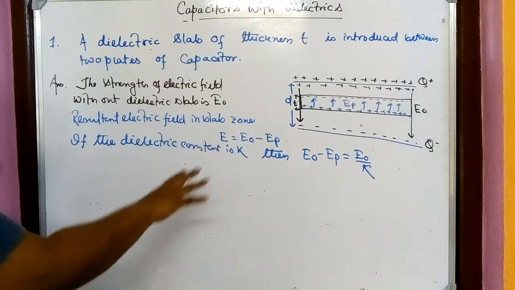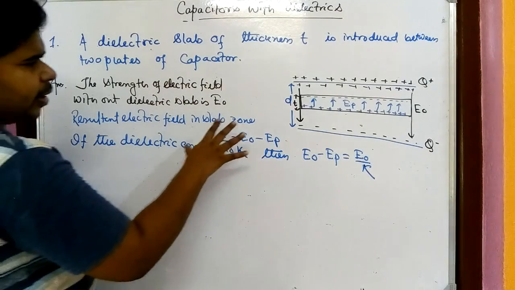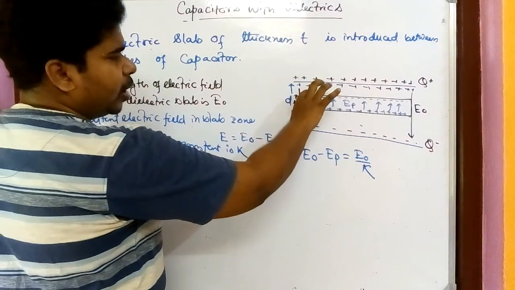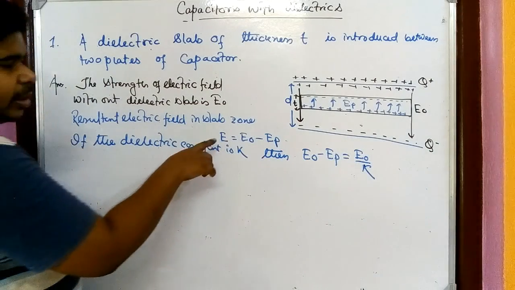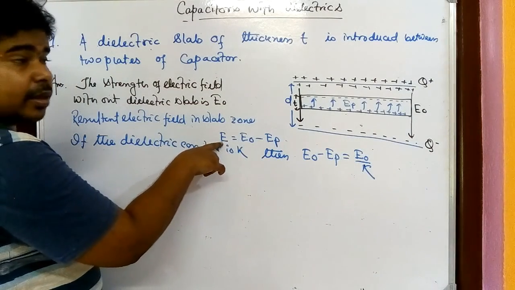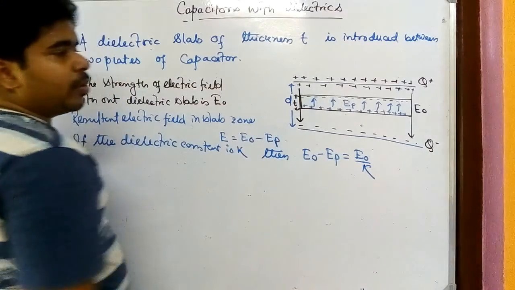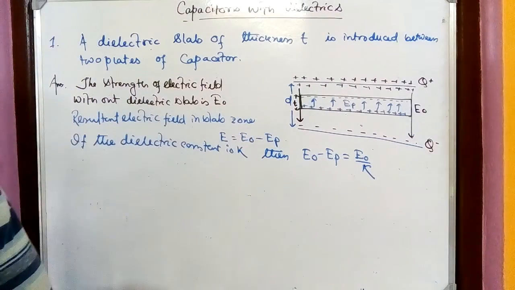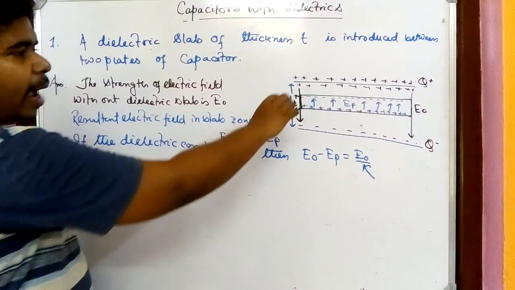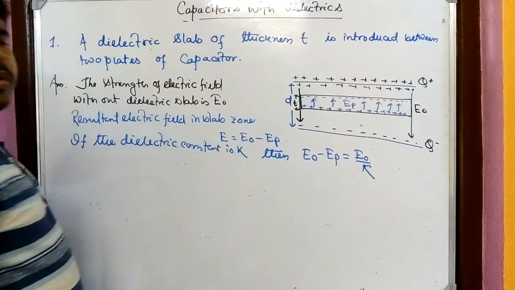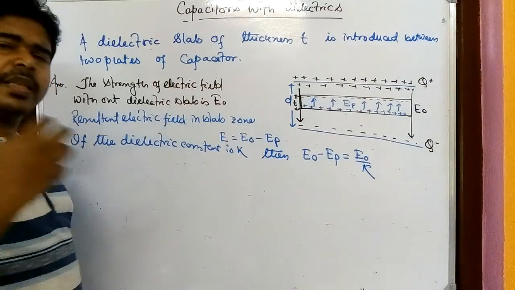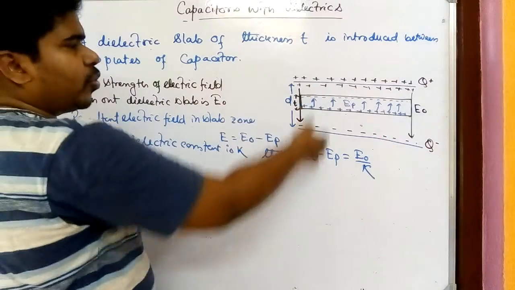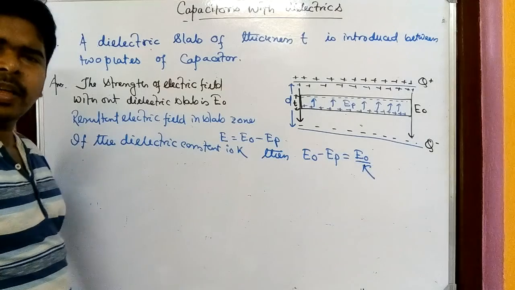Actually, this dielectric is there for a thickness of t, and the resulting electric field E that we have seen here is for this t zone. In the rest of the zone, apart from t, the rest is d minus t. So the t portion is occupied by the slab, and the rest of the zone is not occupied by the slab.